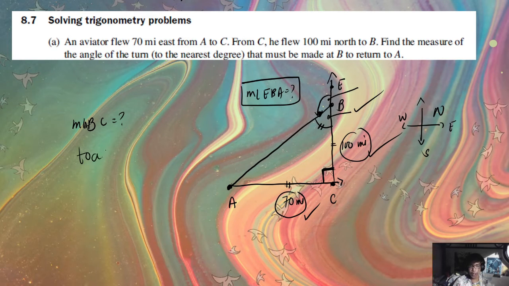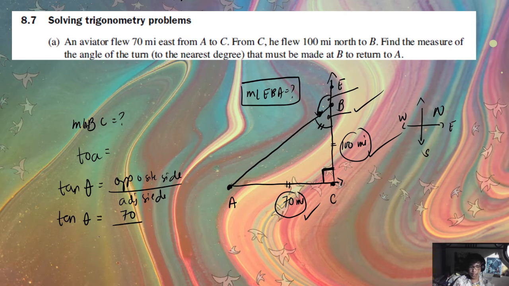Tangent theta is equal to the opposite side over the adjacent side. For this triangle, we have angle B as our reference angle, and angle B is missing. So we write tangent theta is equal to the opposite side, which is 70, over the adjacent side, which is 100.